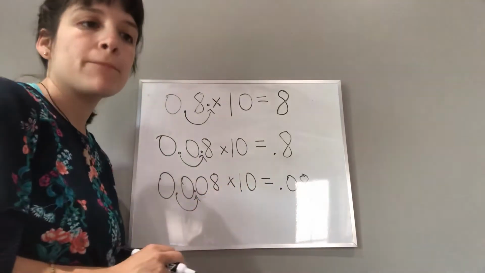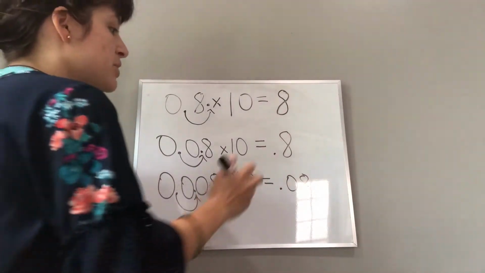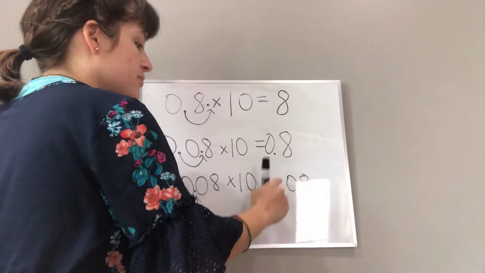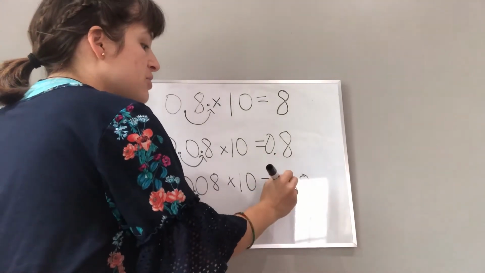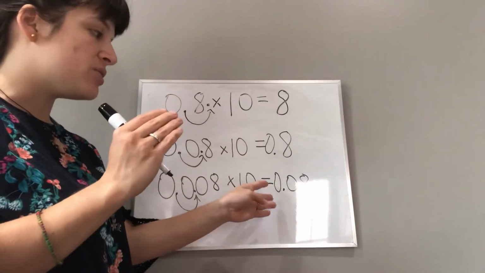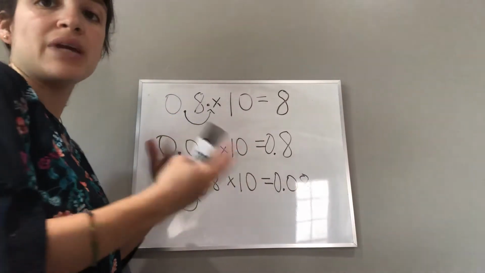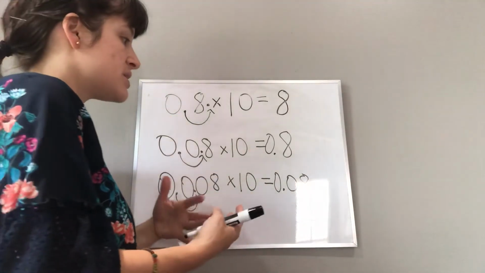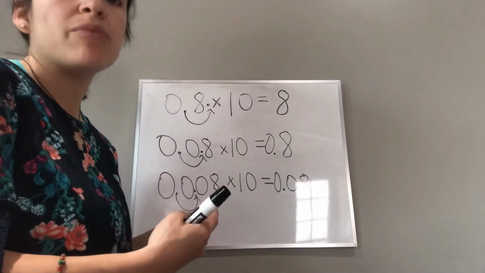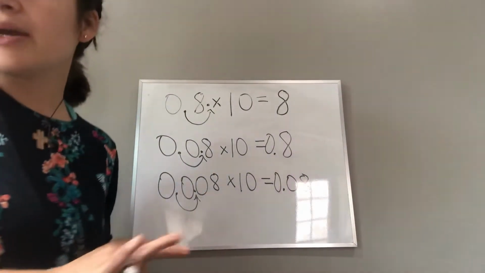Now in your textbook, you'll see that they put the 0 here. That 0 doesn't change the value of your decimal, but you can put it there. The amount of it isn't different, but you can put the 0 there.